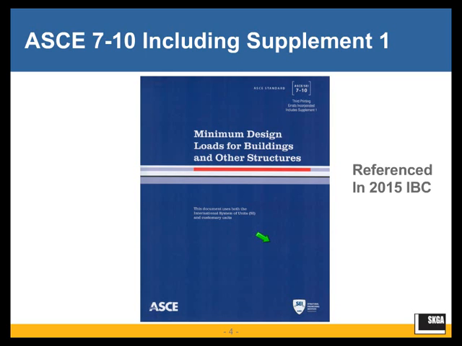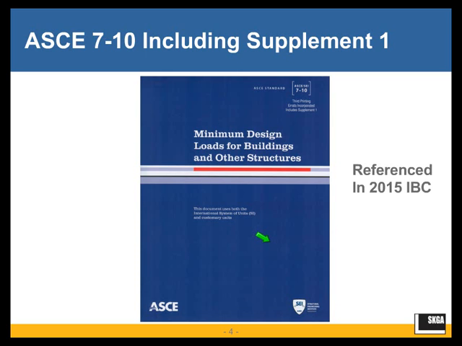It remains the reference standard in the 2015 IBC. The only difference between the two codes as far as ASCE 7 is concerned is that 2015 IBC also adopts supplement number 1 to ASCE 710.